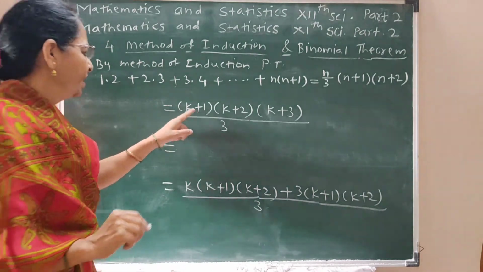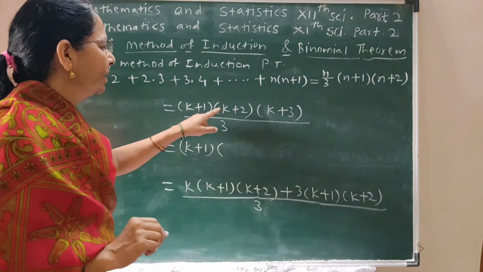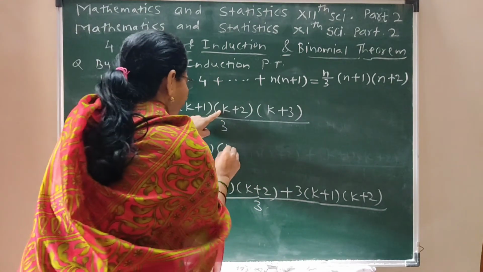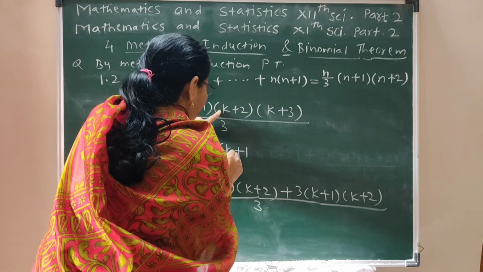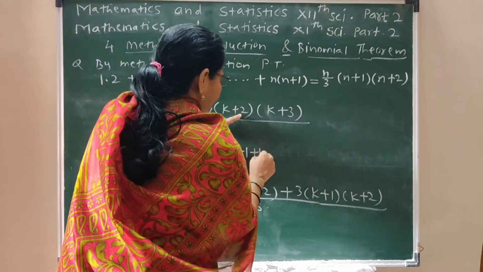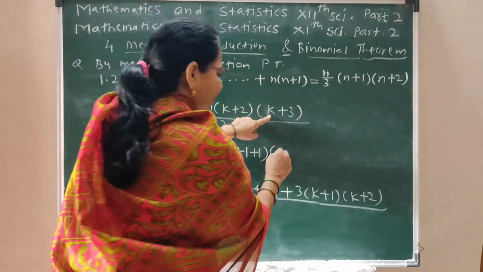First term as it is. Add here, replace k by k plus 1. But here is k plus 2. So here plus 1. Split this k as k plus 1.